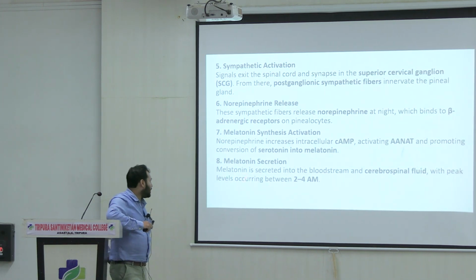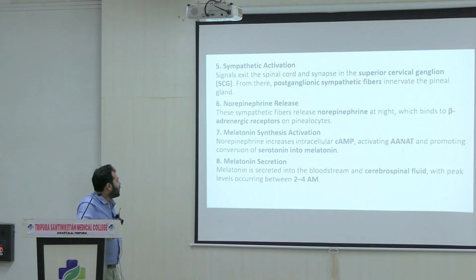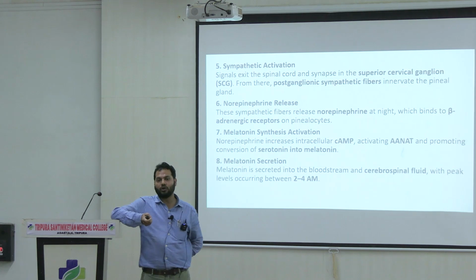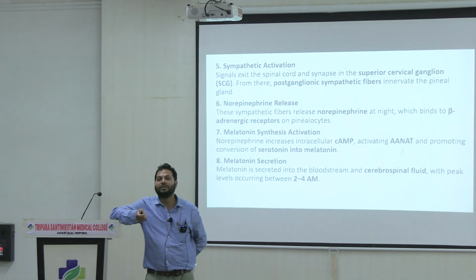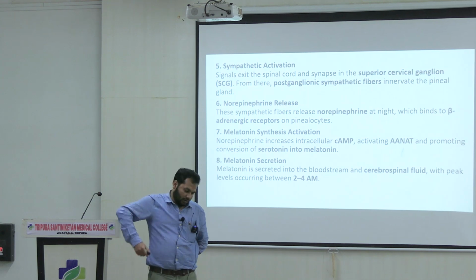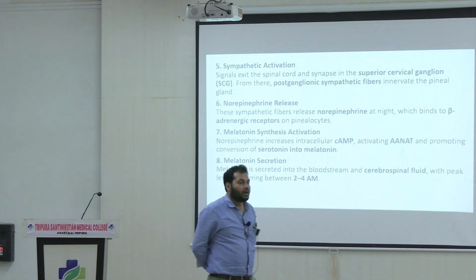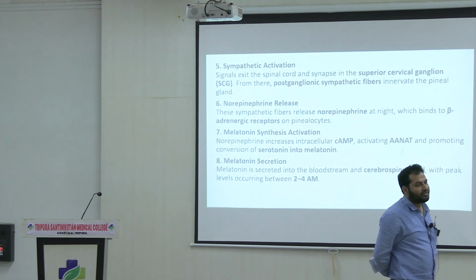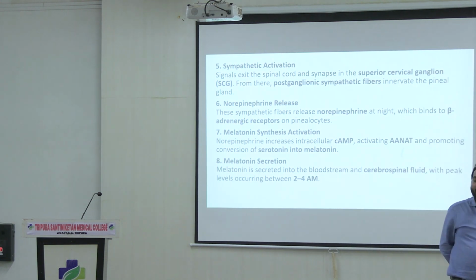Now, as we have seen, one of the most important functions of the melatonin hormone is that it is involved in the regulation of rhythm, that is, circadian rhythm. And if you see the secretion level, it is affected at different points of time, right?